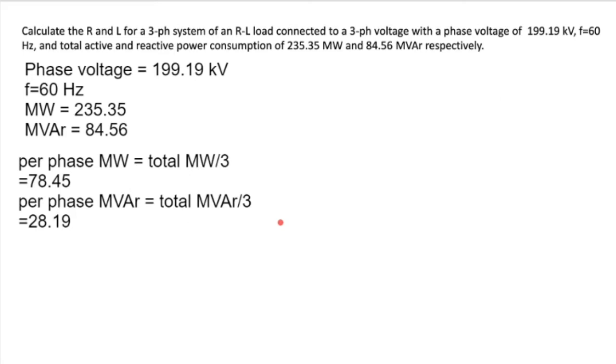The formula is written on the screen. You can see. Megawatt squared plus megavar squared, and then you take the square root of the whole.